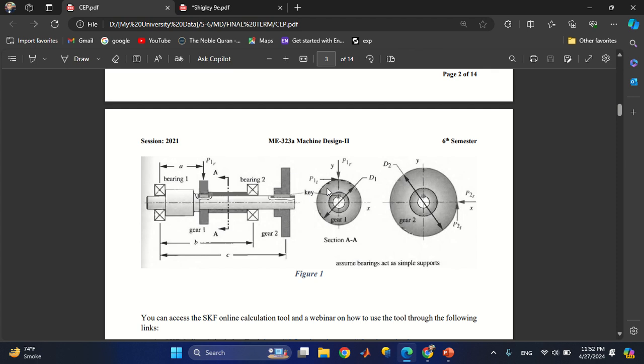So in the z component, I have the value a. You can see here the gear 1 has z distance a. So this is a, and in my coordinate system, this central axis is z. So the z distance is a.